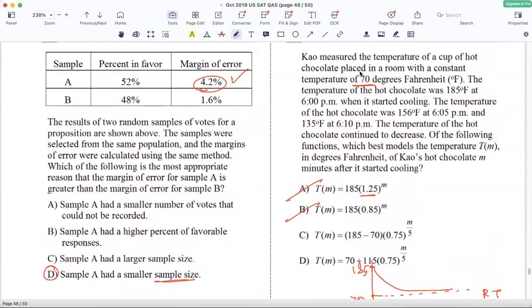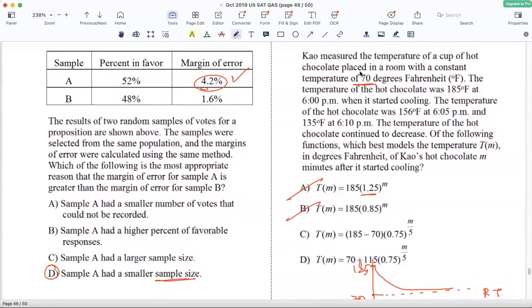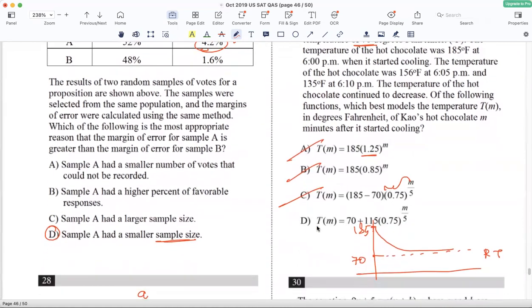So when the time is 6 p.m., so that's when m is 0, it should be 185. So let's put that here. So when m is 0, this part becomes 1. So 185, yeah, so this is not correct. Okay, let's try this. When m is 0, then this part becomes 170 plus 115. Yeah, this is 185.